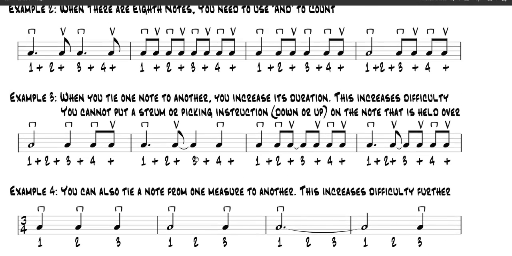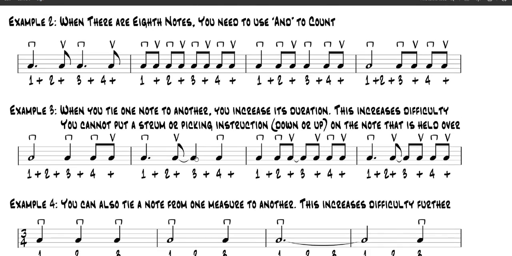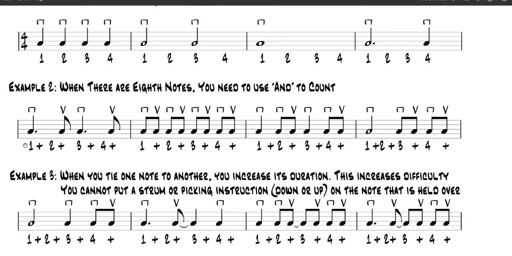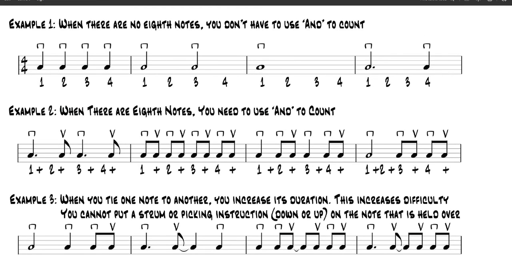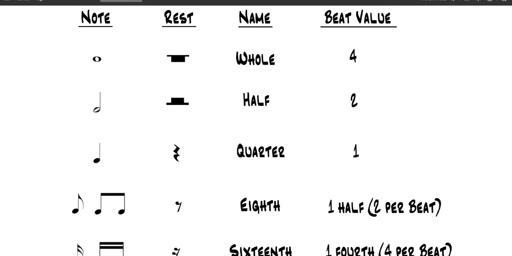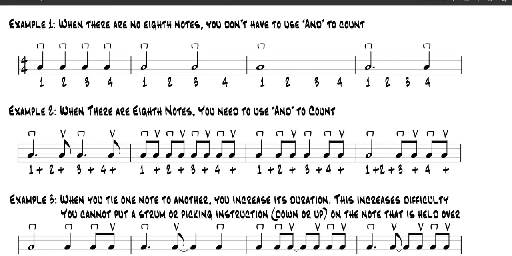You've seen this in some of the study materials: the counting written out underneath a rhythm and some strum or picking direction symbols up above. We've also talked in other lessons about how to count these based on the rhythm chart and how to play them. We're going to do a bit more with that.